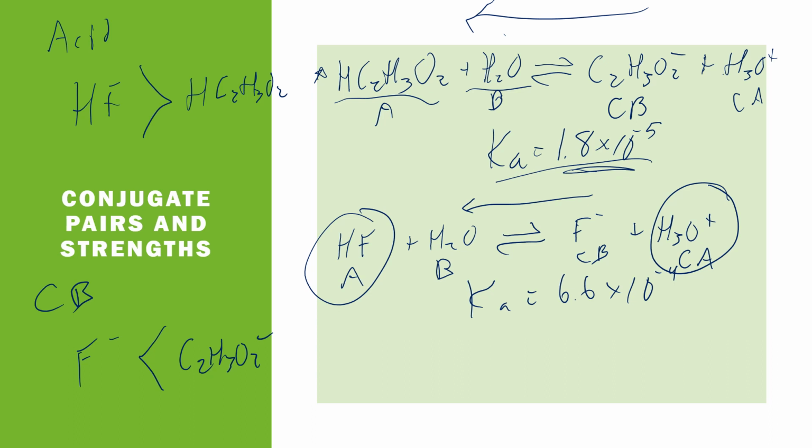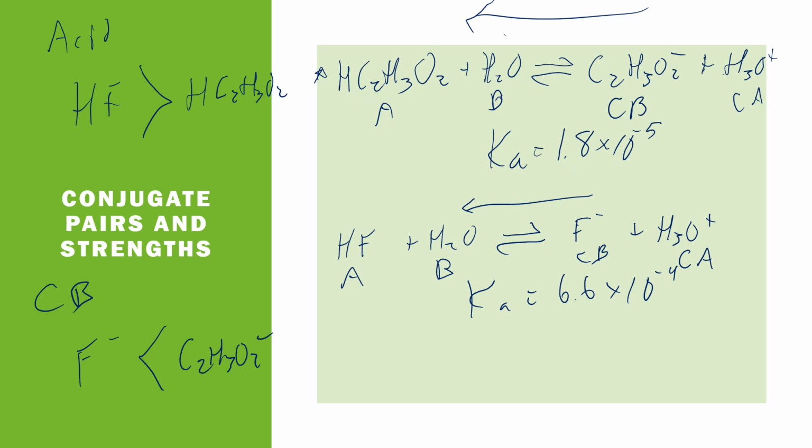Okay, so H3O plus is acting as a stronger acid because it's reactant favored, so most of them are going to exist as HF. So H3O plus is a stronger acid than the HF. So just use your rules of equilibrium and make sure that you remember that the stronger acids, the more they want to give up their hydrogen, and the stronger base, the more they want to accept or pull in a hydrogen.